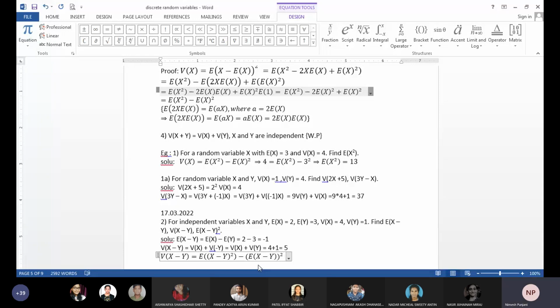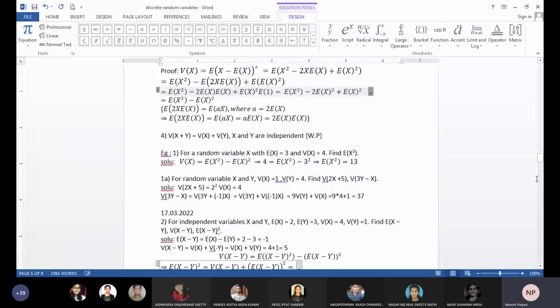So what will this give us? This will give us expected value of x minus y ka square is variance of x minus y plus square of the expected value of x minus y.